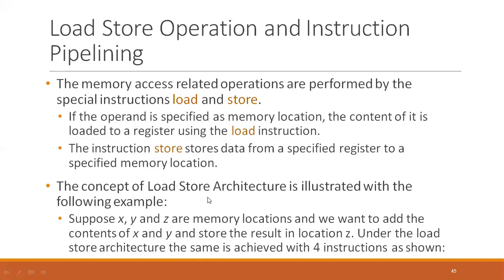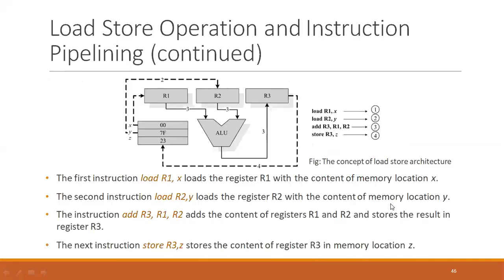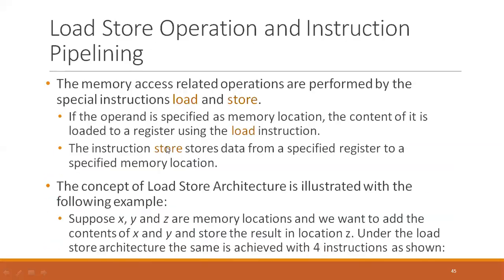The concept of load and store architecture is illustrated with the following example. Suppose X, Y and Z are memory locations, and we want to load the contents of X and Y and store the result in location Z. Under the load store architecture, the same is achieved with four instructions as follows. Right? There is an example given here.